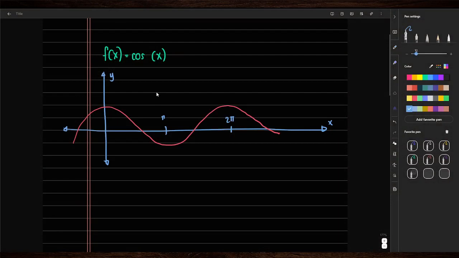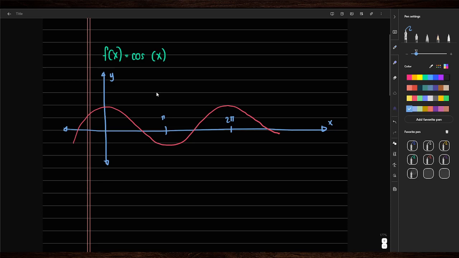The equation is a trigonometric function, cosine of x. What we know about the cosine function is that when we graph it, it is a wave, a repetitive curve, on the x-y coordinate plane, with x values in radians.